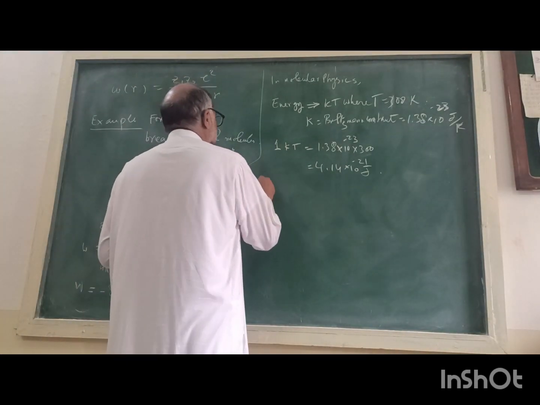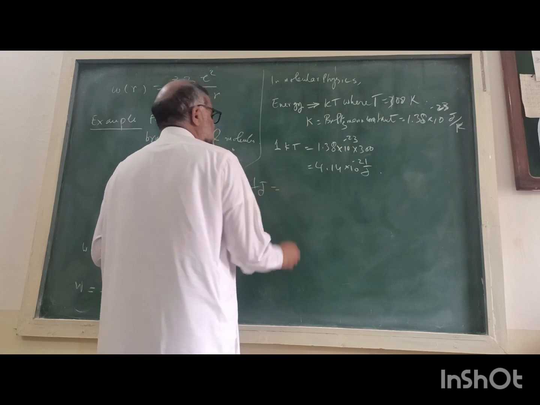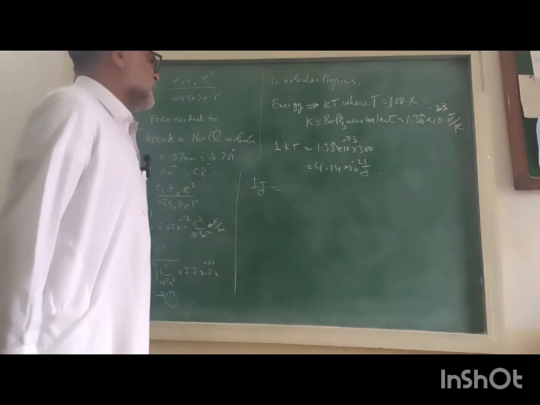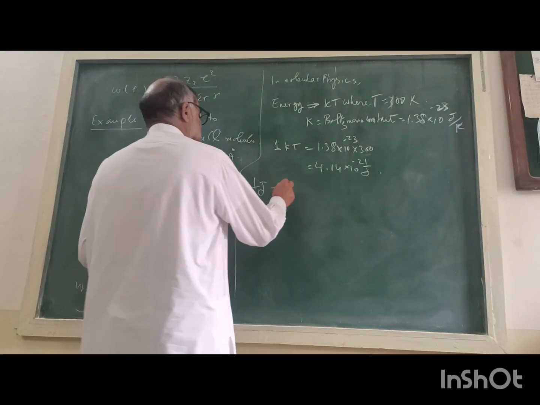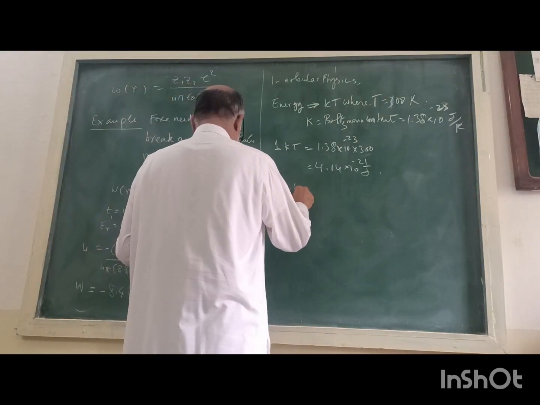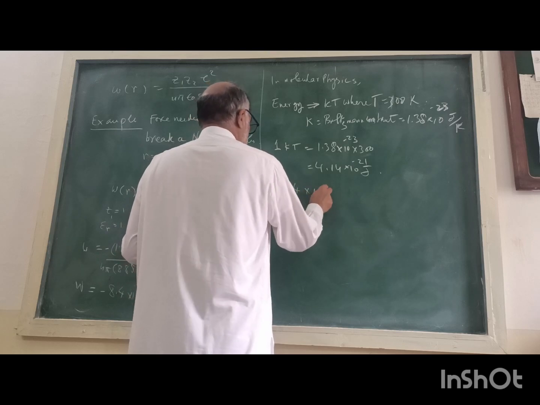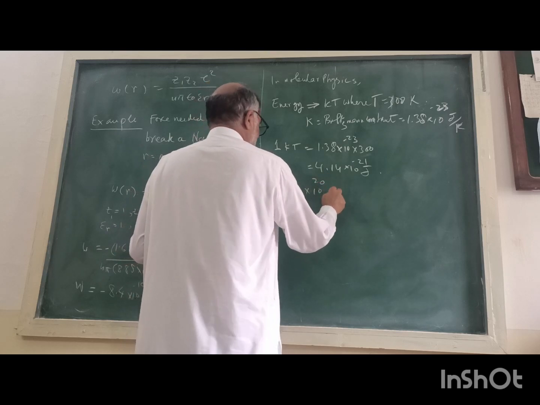So 1 joule, I will just divide by that, comes out to be 2.4 times 10 to the power 20 kT.